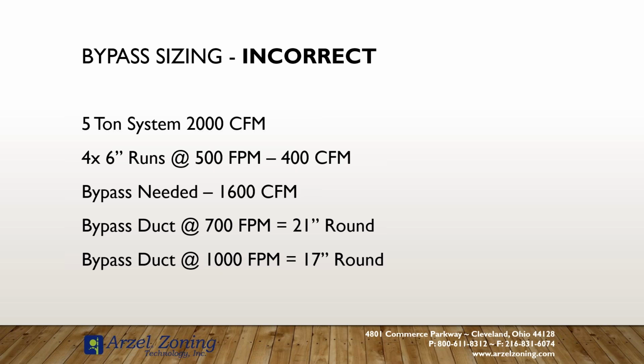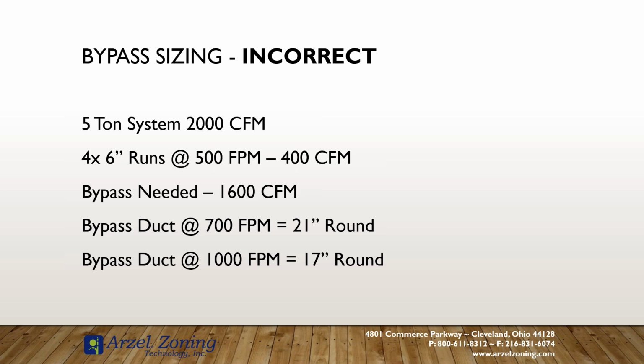But knowing that a bypass duct can move air at 2,000 feet per minute, if I have a 21-inch pipe, that actually calculates out to 4,810 CFM at 2,000 feet per minute. If I have a 17-inch pipe, that calculates out to 3,152 CFM. So both of those at 2,000 feet per minute, because we have that push and that pull force, are enough to dump the entire capacity of that blower between my supply and my return.